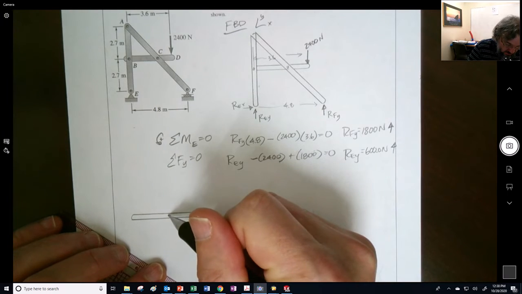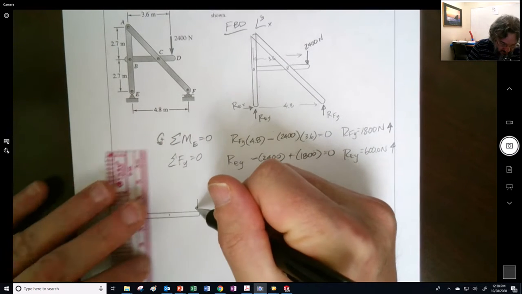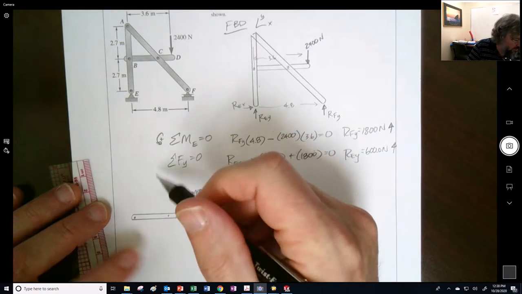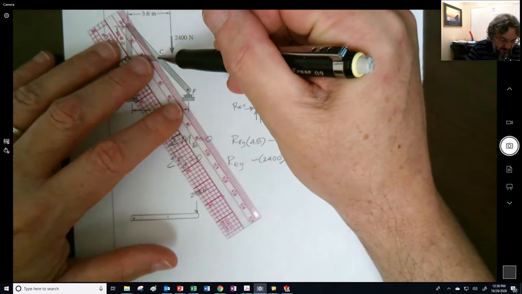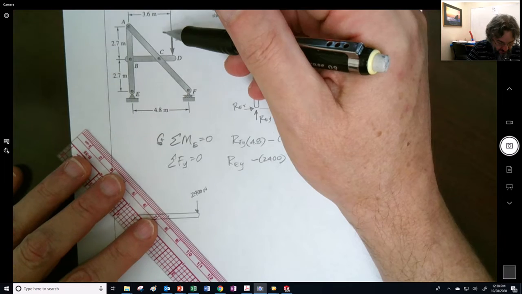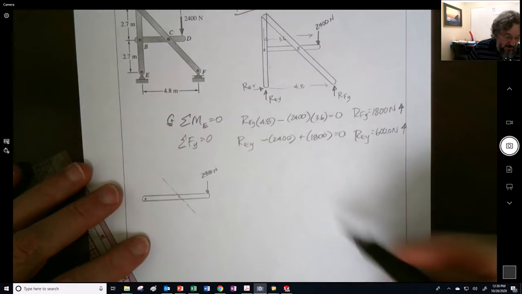And right about there, and right about there. And so we're going to have our 2,400 going down here, 2,400 newtons. And our reaction, or our force at C, is going to be along this line right there. So let's leave that as that line of action.